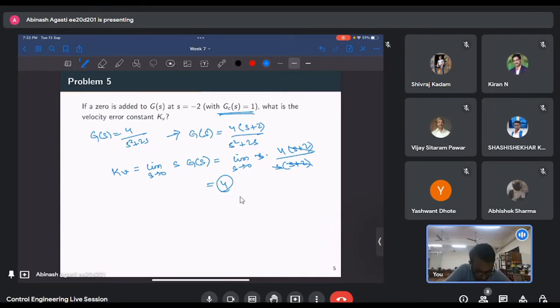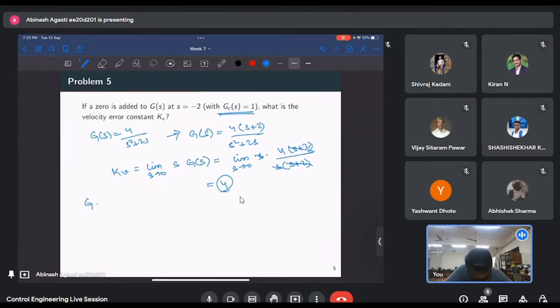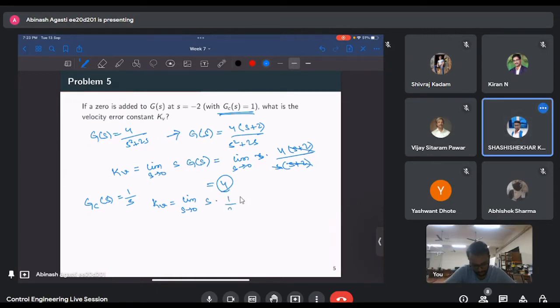Now let's say in this system, instead of 1 as the controller, let's say I used 1 by s. That is, I added one integrator to the open loop transfer function. Then what will the steady state error be? Infinity. Yes, correct.